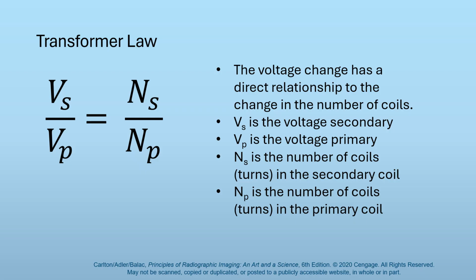And when you do that, you get voltage secondary, that is voltage output, is equal to number of turns secondary. So in the specific scenario where the auto transformer has the same exact number of turns as the incoming line voltage, then the transformer law reduces to the number of turns you select on the secondary side is the output voltage for the secondary side. And so that's how an auto transformer can be a KVP selector.